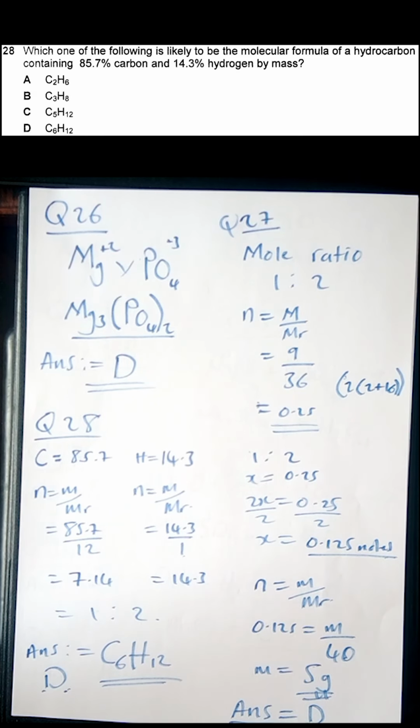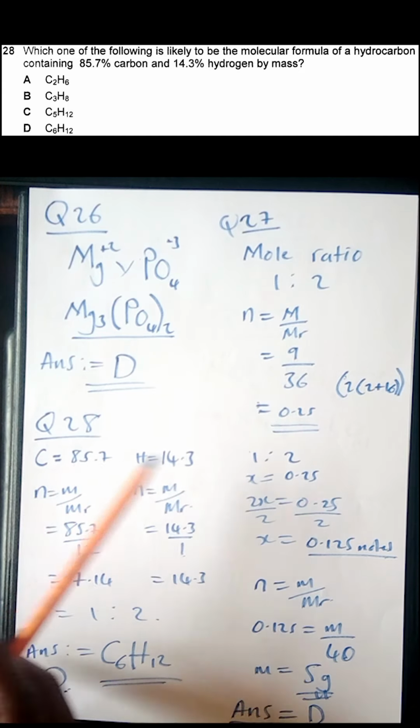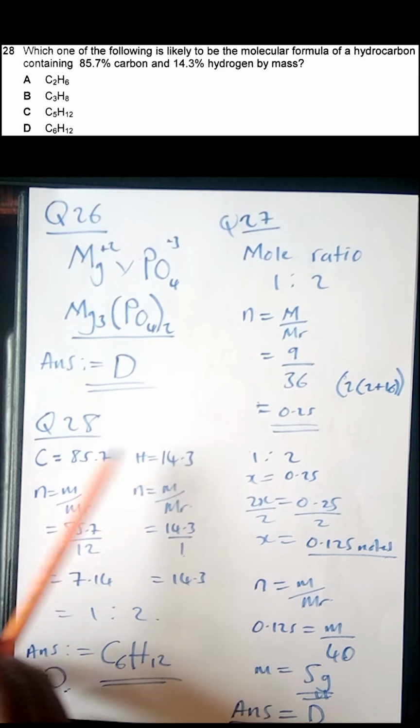Question 28. Which one of the following is likely to be the molecular formula of a hydrocarbon containing 85.7% carbon and 14.3% hydrogen by mass? In order for us to find the formula, we need to find the number of moles. These are masses, sorry, not molar masses.